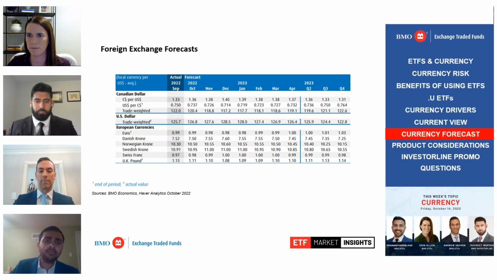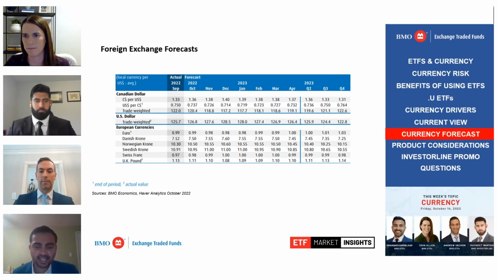However, in the medium to long term, as we saw in the table that Andrew had presented a few slides back, it kind of averages out the currency return, because it goes back to close to that 1.25 to 1.3 USD CAD rate.